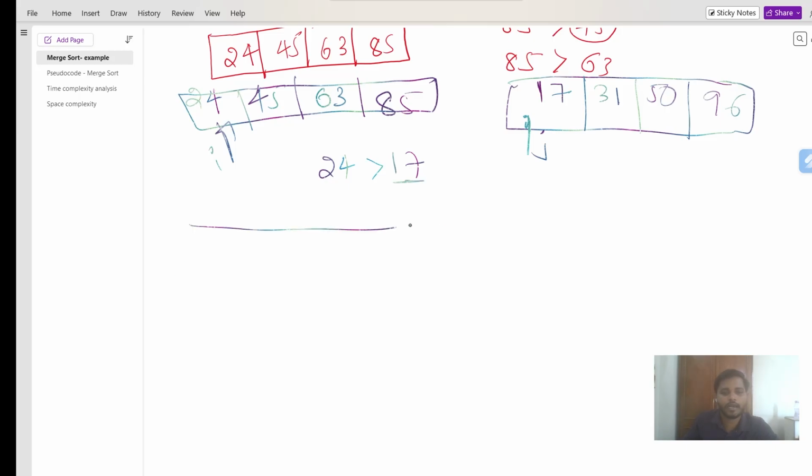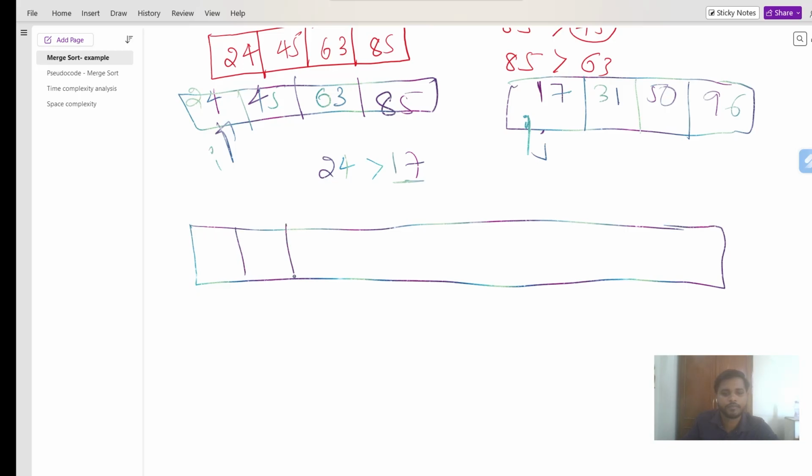So in the resultant array we have to place 17, and we have to increment the j pointer. Now again 24 is compared with 31, so 24 will come here and I am going to increment my i pointer here.